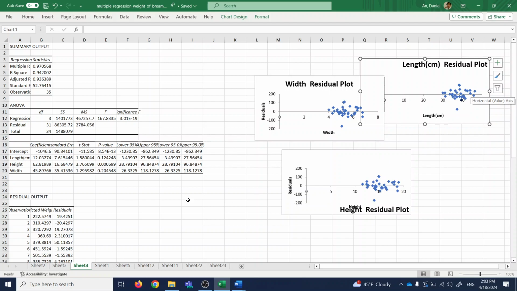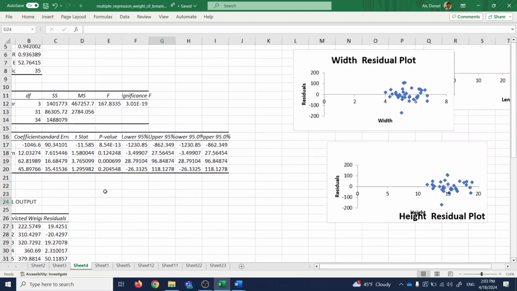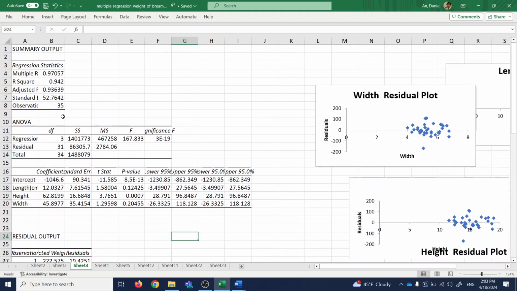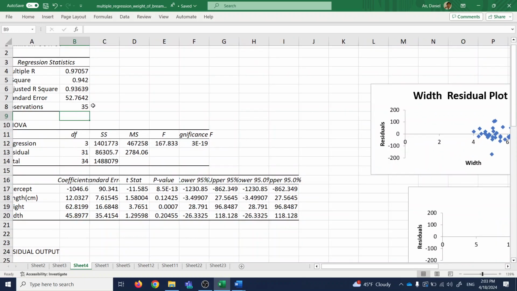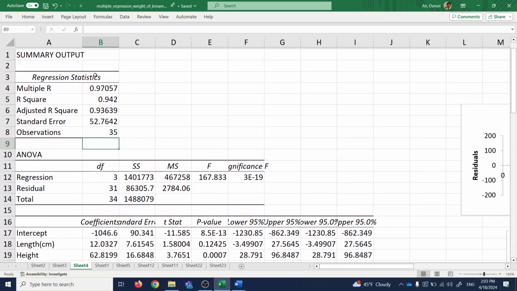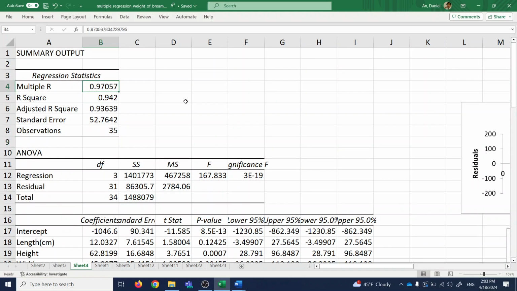Okay. All right, but here's the important part. Let's read what these are. Okay, so first of all, multiple R. That's the regression coefficient.